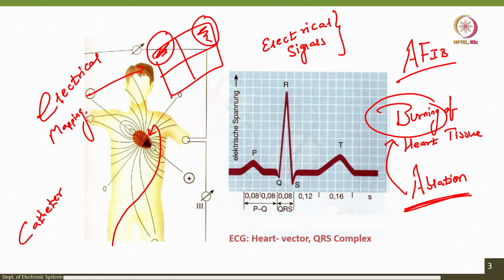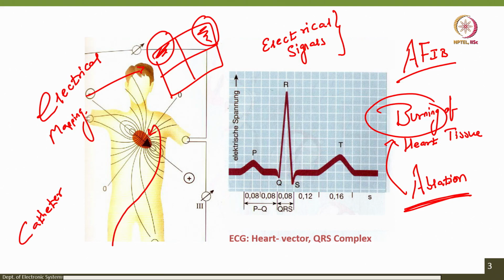Now, when I say burning of a heart or burning of a tissue, it does not mean that you burn the entire section of the heart. It is only a small portion of the heart tissue which is burned, and that small portion is the culprit in that the misfiring of the signals is happening.